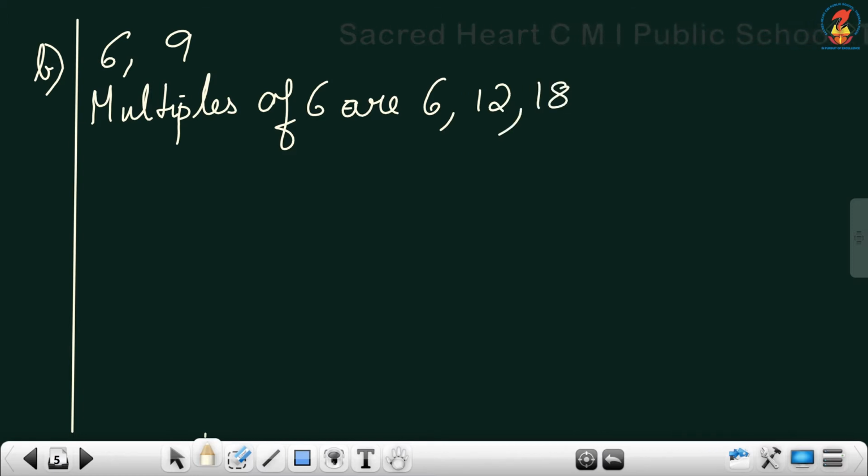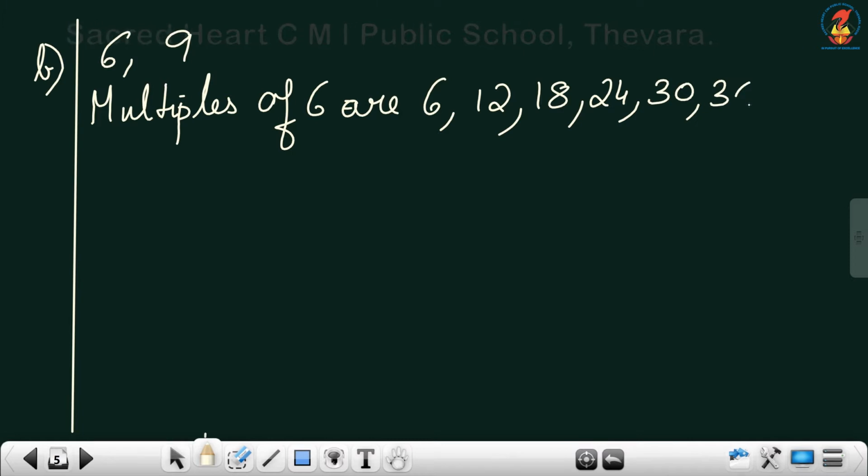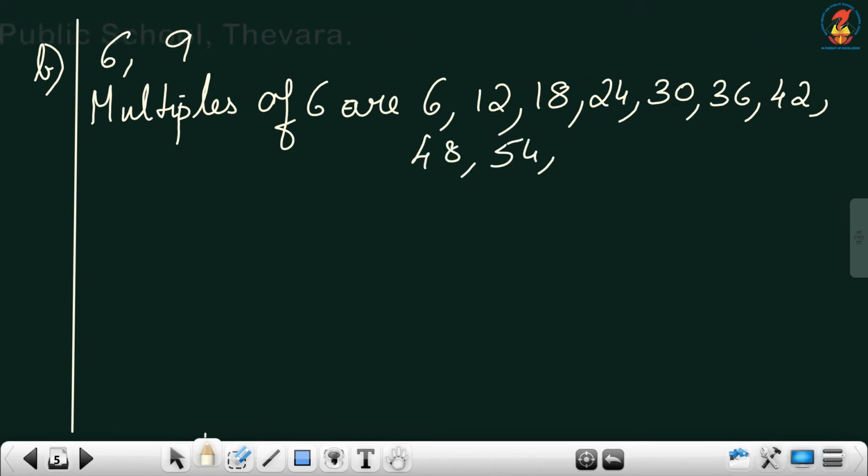Children, you have to tell with me, huh? 6 fours are 24, 6 fives are 30, 6 sixes are 36, 6 sevens are 42, 6 eights are 48, 6 nines are 54, 6 tens are 60. I'll stop it for the timing. If I need, I will extend. Okay, children? Now, multiples of 9.